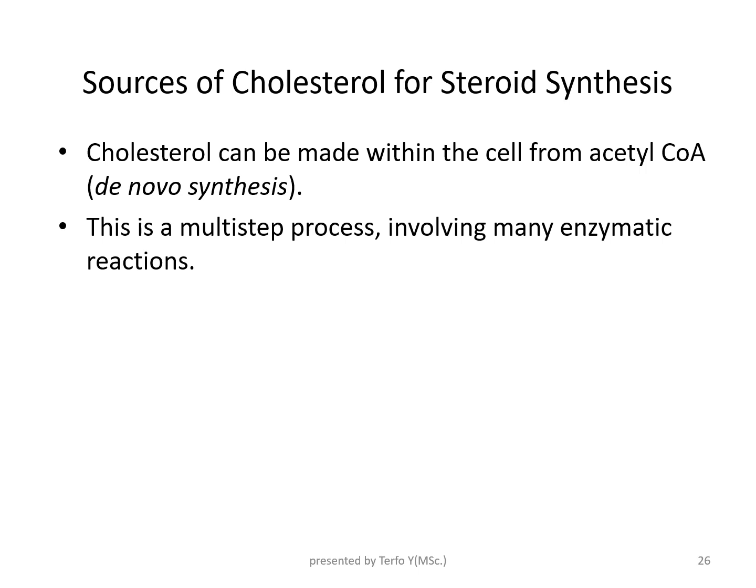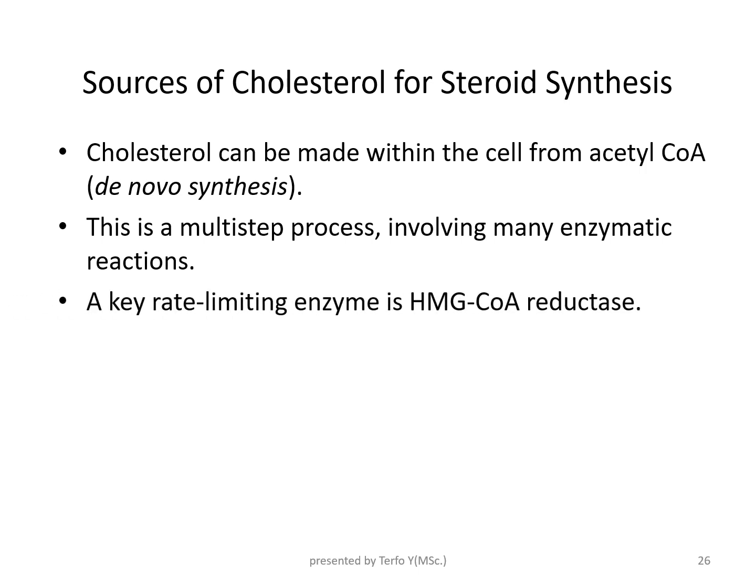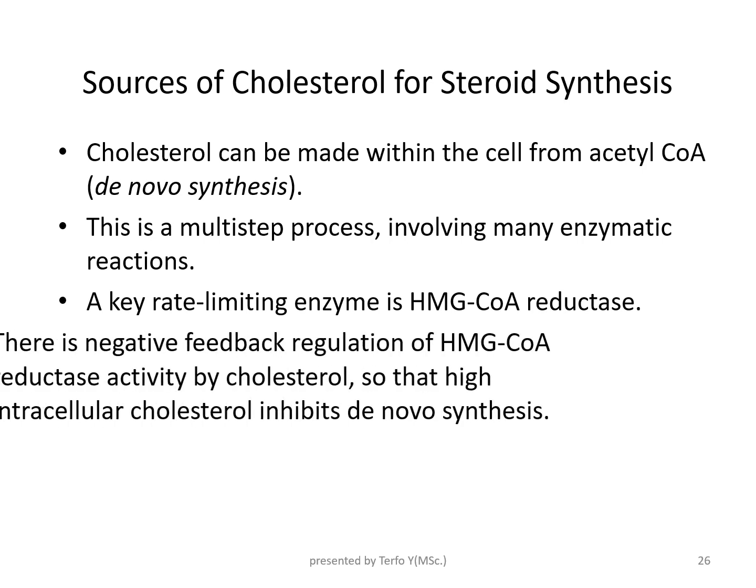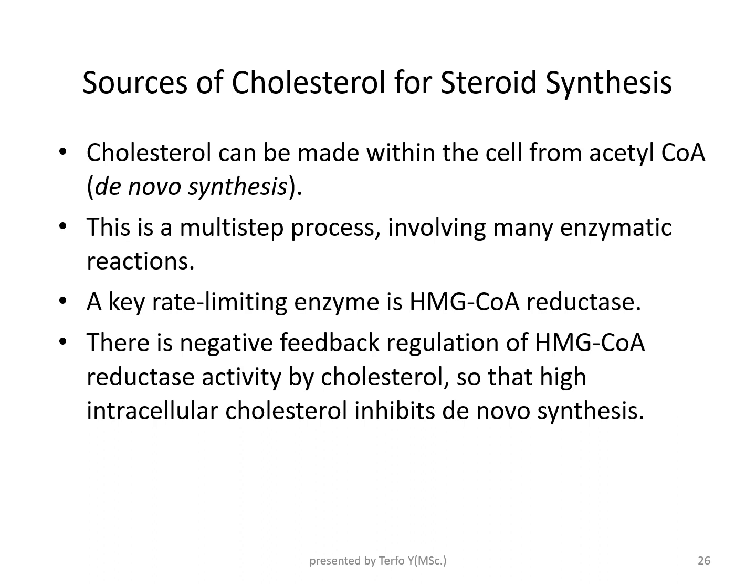This is a multi-step process involving many enzymatic reactions, and the key rate limiting enzyme is HMG-CoA reductase. There is negative feedback regulation of this enzyme's activity by cholesterol, so high intracellular cholesterol inhibits de novo synthesis. De novo is a Latin term which means synthesis from scratch.